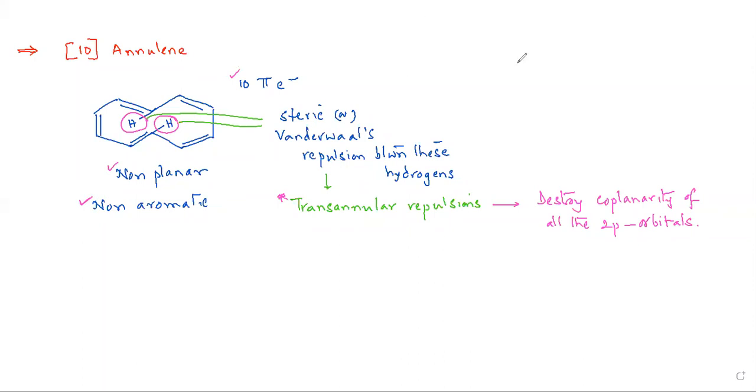But see, if suppose these positions, instead of keeping them as they are, if they are bridged this way, then of course the aromaticity can be retained. Look at this.